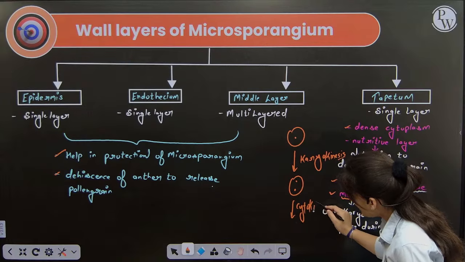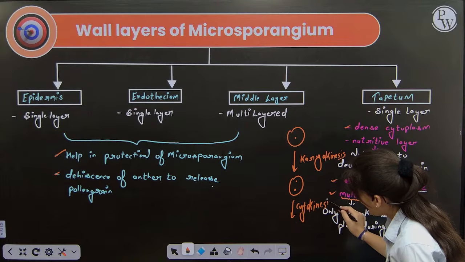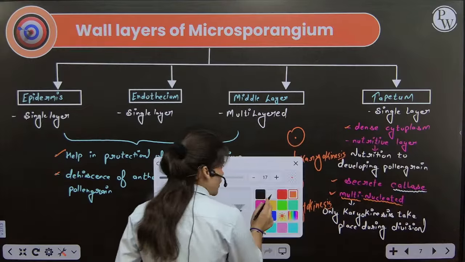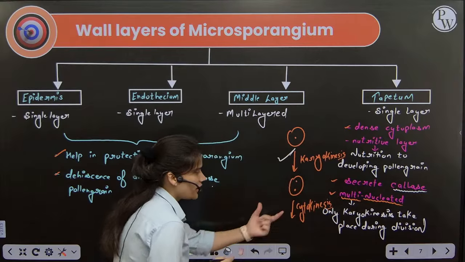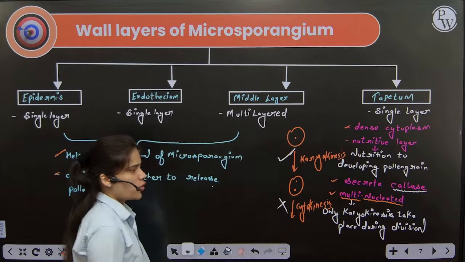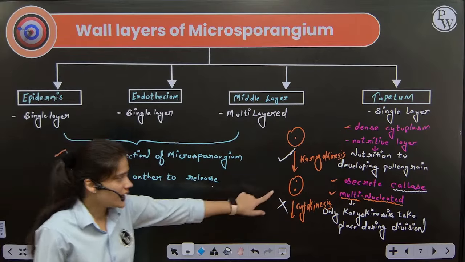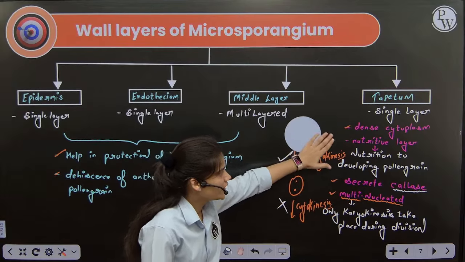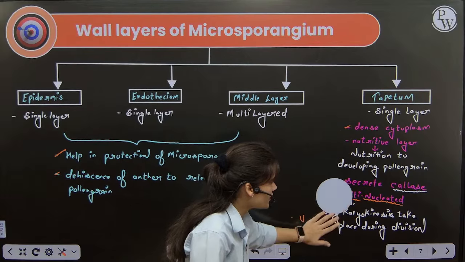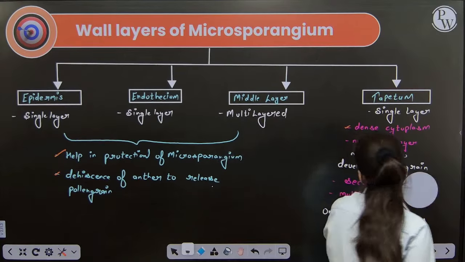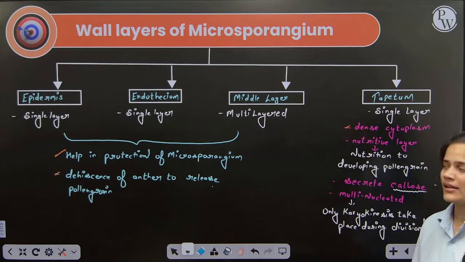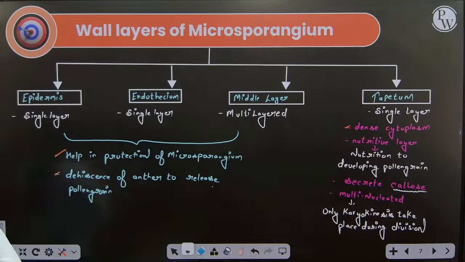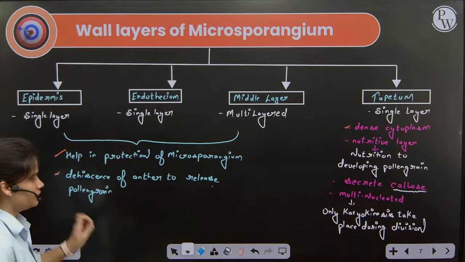In case of these tapetum cells, yes, karyokinesis occurs, but there is no cytokinesis. That's why this tapetum layer is multinucleated, because during its division only karyokinesis takes place. This is about four wall layers which surround the microsporangia.